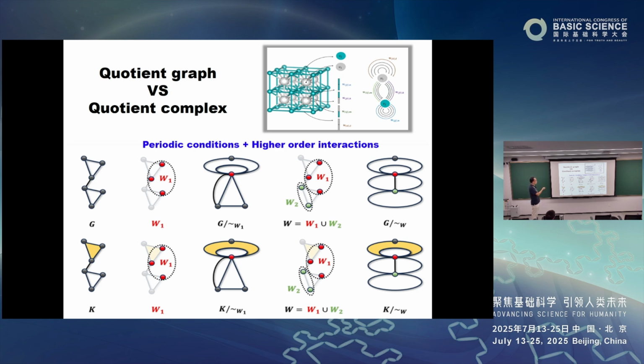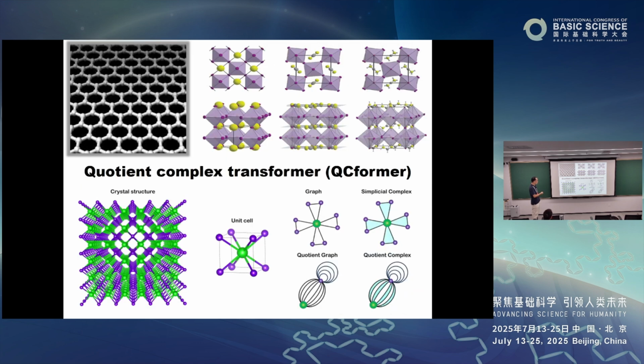In this way, this complicated structure ends up as only 2 points. And then the edges between them now characterize both intercellular interaction and intracellular interaction. Okay, so that's the key thing, because previously, if you just use the unit cell, then you can only see the interaction within this unit cell.